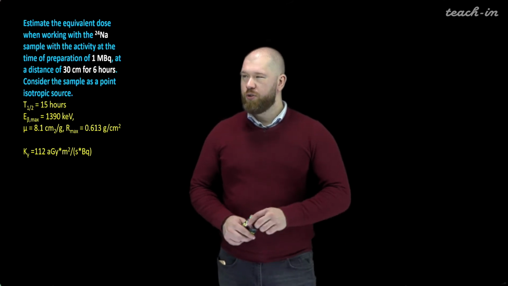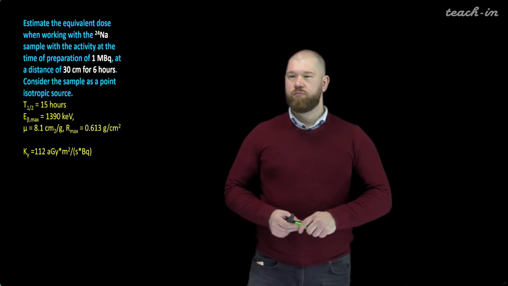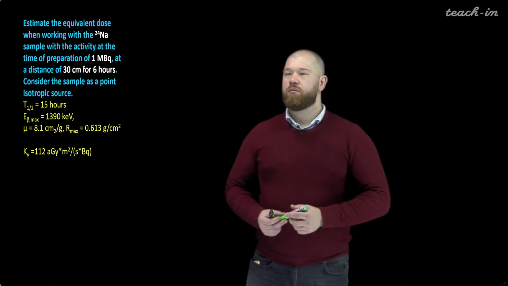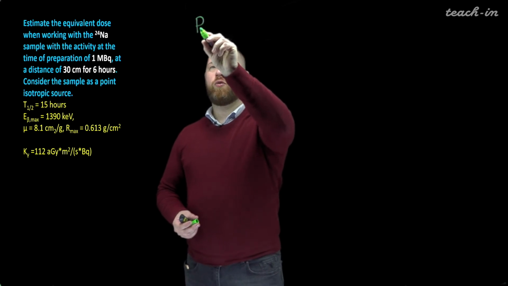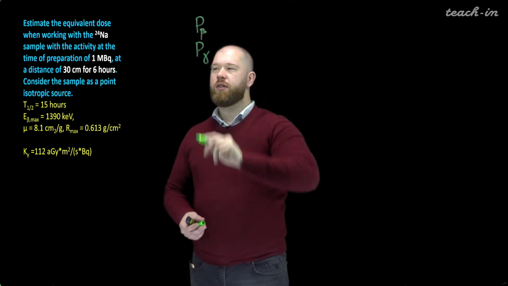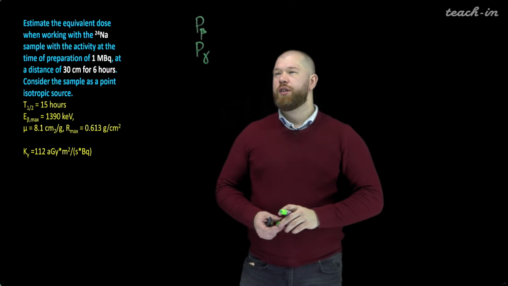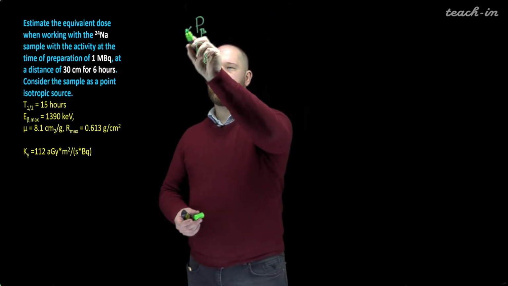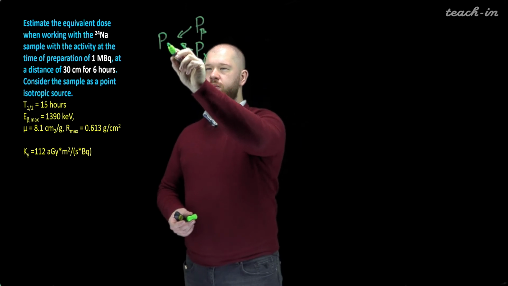So we have to calculate the dose rate from both beta particles and gamma quanta. And from this, we will calculate the total dose rate.